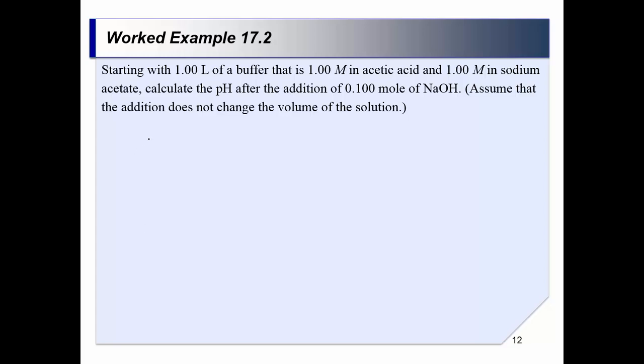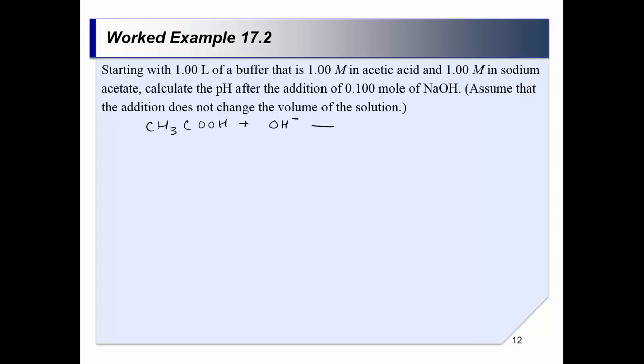Then what we need to recognize is that the added base will react with the acetic acid component and will convert the OH to water. So what I'm looking at is I have my acetic acid, and I'm going to leave off the phase tags here, and my base.